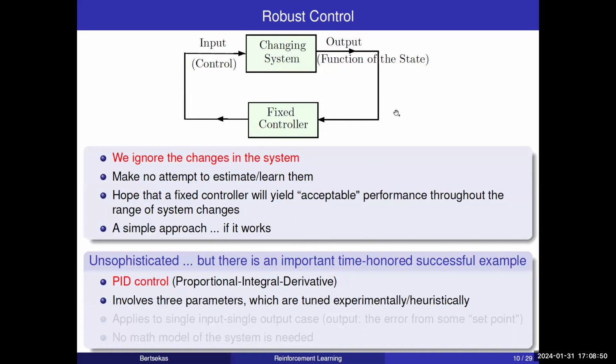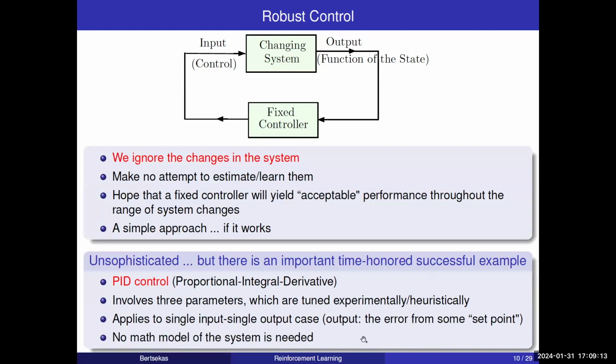Surprisingly successful, and very old, by the way, more than 100 years it's been around. However, in industrial applications, it applies primarily to single input, single output systems. The system may be more complicated, but there's only one input and only one output that you multiply with these proportionality constants. And the output is usually the error from some set point.